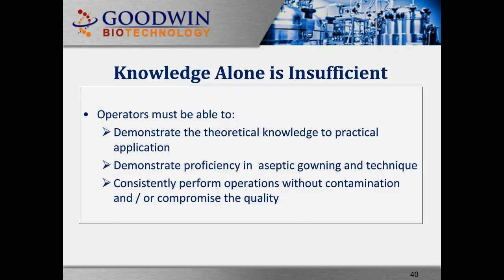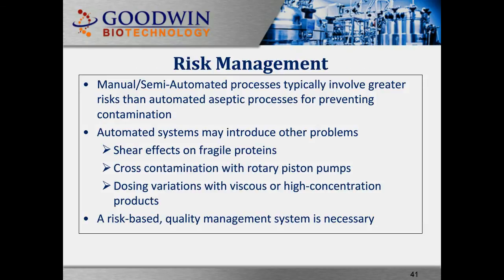Risk management. What are the risks? Manual and semi-automated processes typically involve greater risk than automated aseptic processes for preventing contamination. Automated systems may introduce other problems like shear effects on fragile proteins due to the pump speed, cross-contamination with the rotary piston pumps, and dosing variations with viscous or high concentration product.